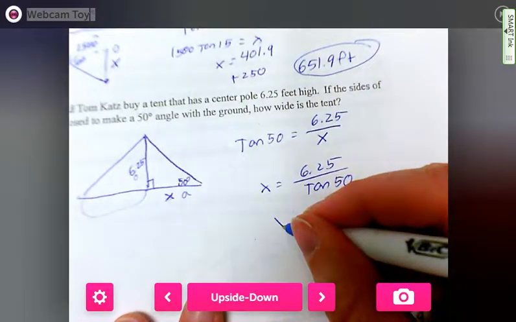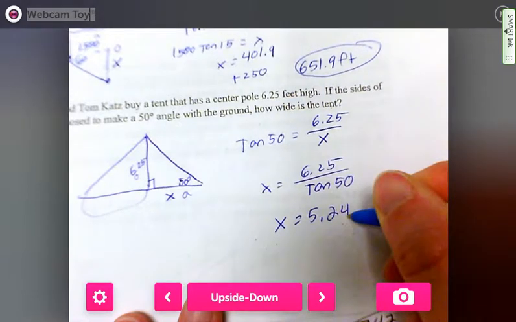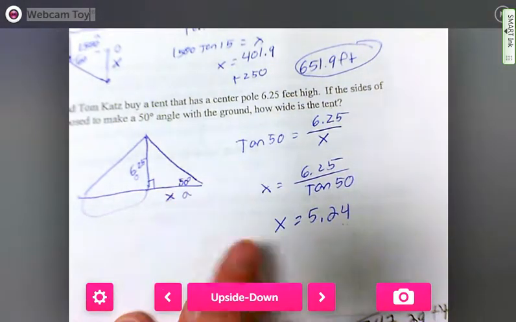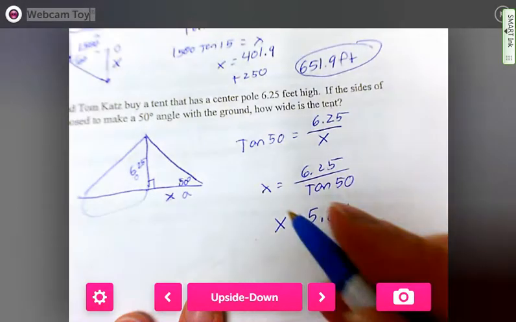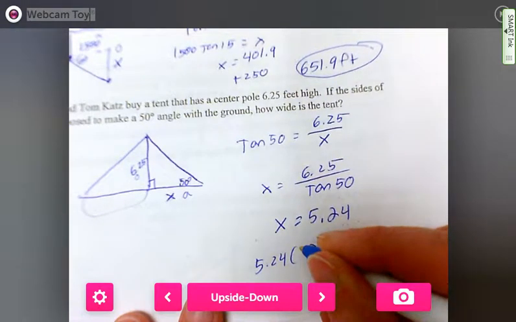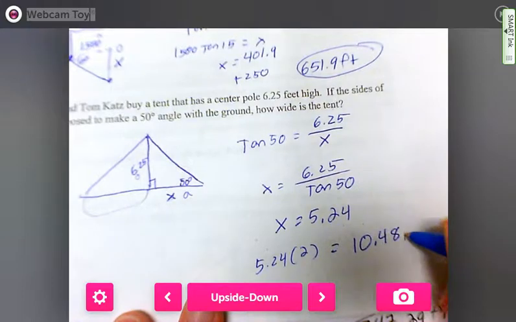And so x equals 5.24. Okay, but that's just 1/2, so I have to do what to this? 5.24 times 2 equals the total width of the tent, which is 2.48 feet.